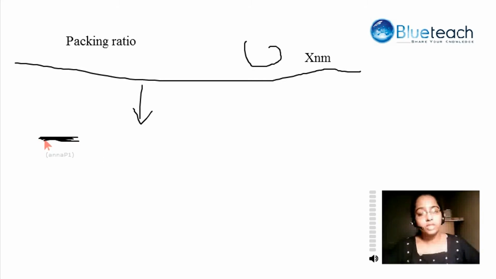So from this big length it gets condensed into a small form so that it can easily be accommodated within the nucleus. The packing ratio is the ratio between the initial length of the DNA and the final length obtained after the process of condensation.